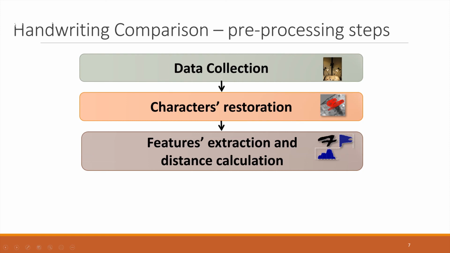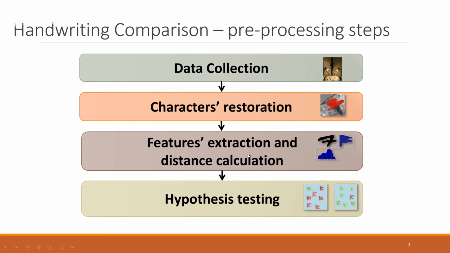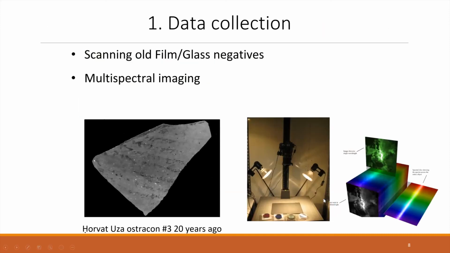Later, we extracted some well-defined features from computer science and built a measure of whether a letter is close to another letter or not. And we had null hypothesis testing for two inscriptions, able to give a probability or likelihood of the chances that they were written by the same person or not. So this is the general flow, and now I'll go into details of each and every item here.